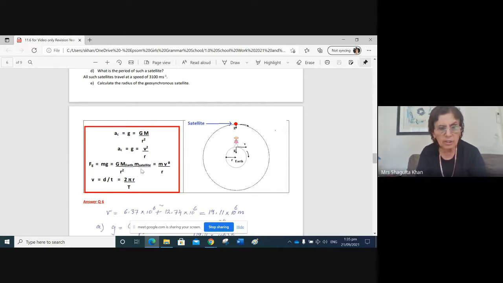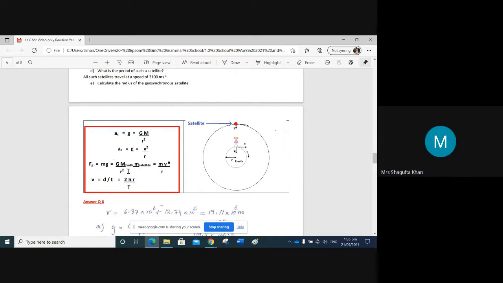This force provides the centripetal force. So if we are given the speed, we can calculate the force, or if we are given the force, then we can calculate what should be the speed of the satellite if it is at a particular radius from the surface of the Earth.